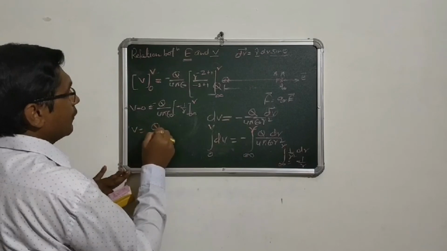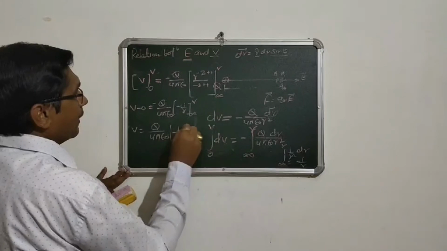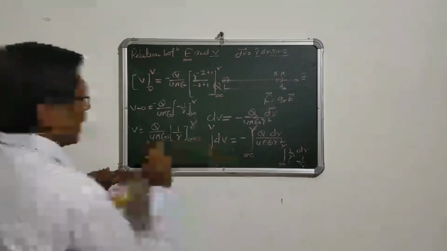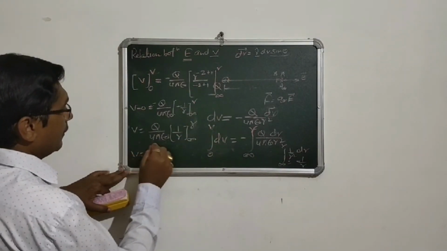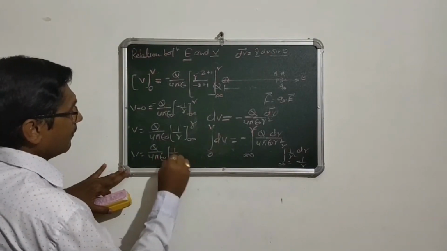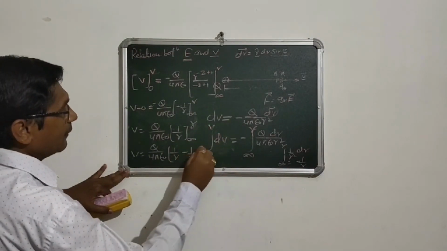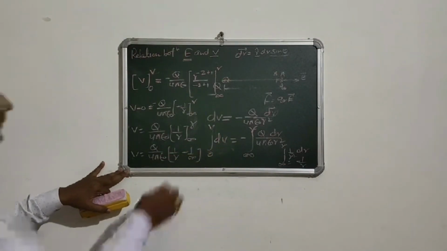So V equals Q upon 4 pi epsilon naught, 1 by r, from infinity to r. After solving, we get Q upon 4 pi epsilon naught, 1 by r minus 1 by infinity. 1 by infinity is 0.